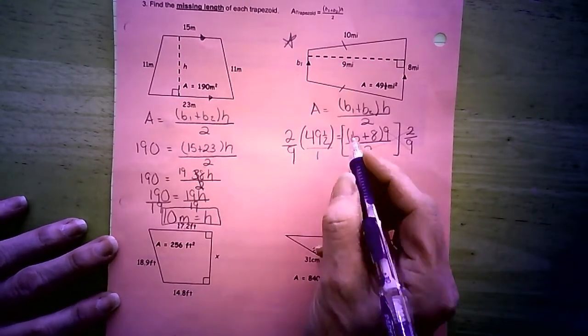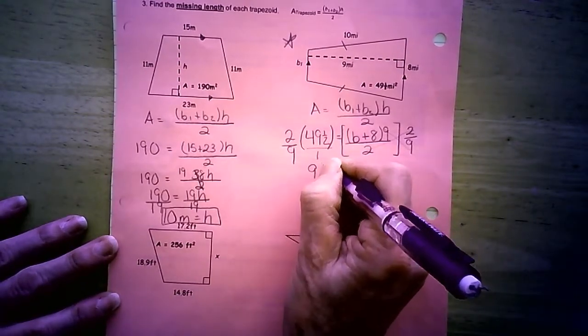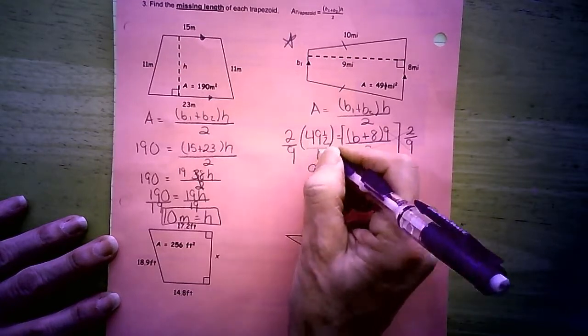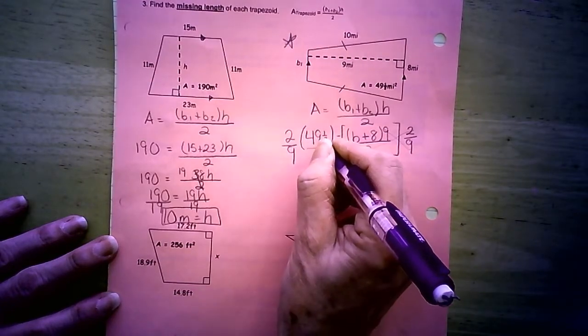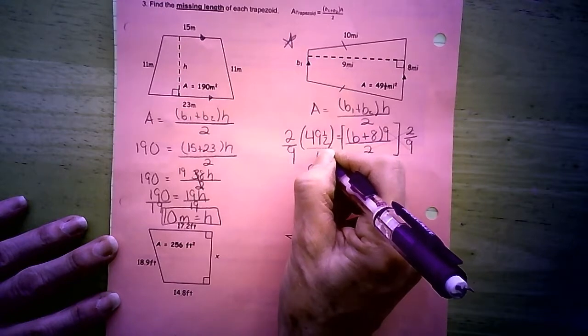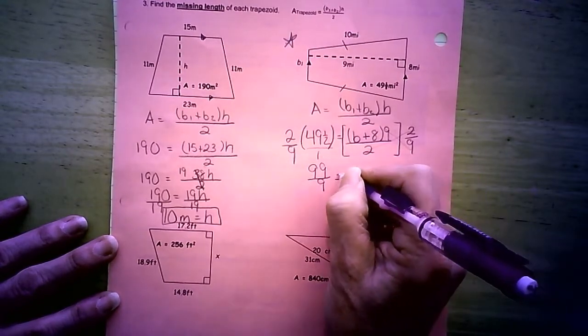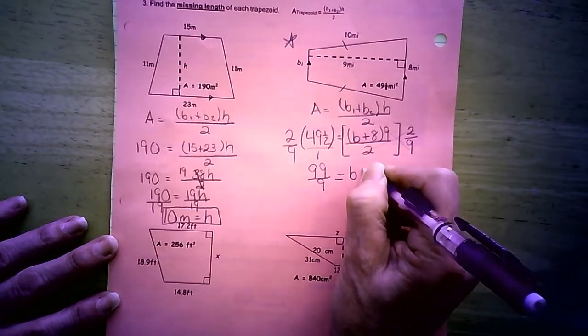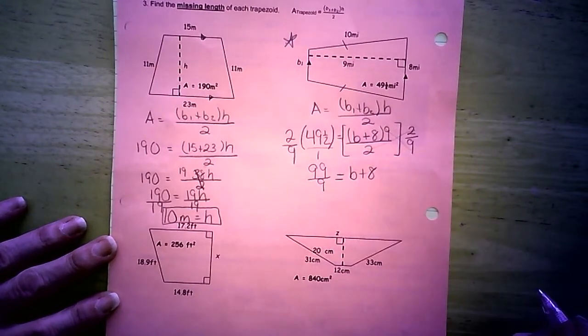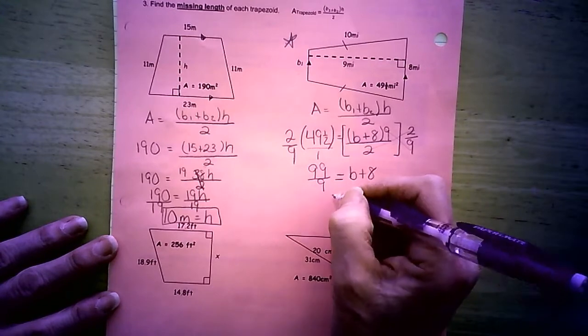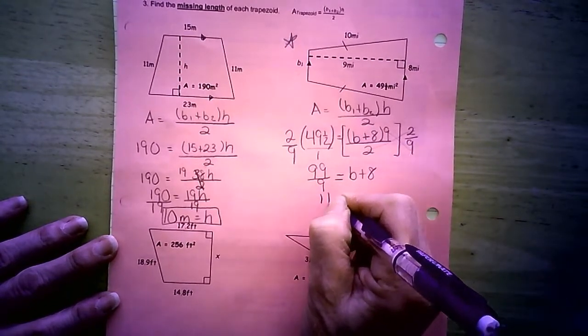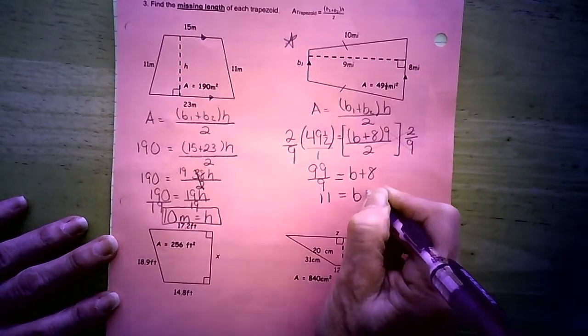So if I double that, I get 99. Right? I'm multiplying 2 by 49.5. 9 by 1 is 9. Oh, I'm liking this even better. And then I just have a friendly B plus 8. This is looking good. Divide 99 by 9, and I get 11 equals B plus 8.